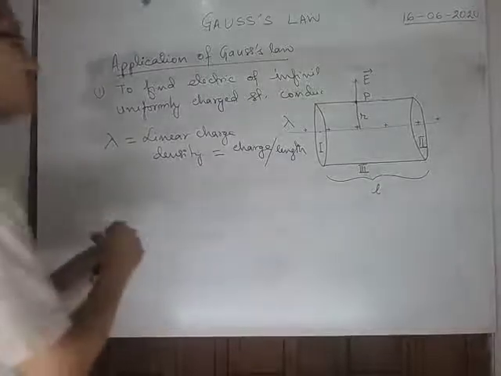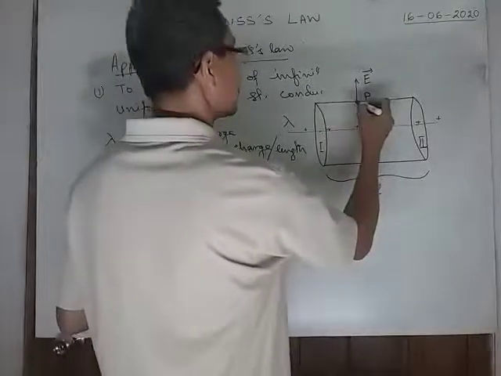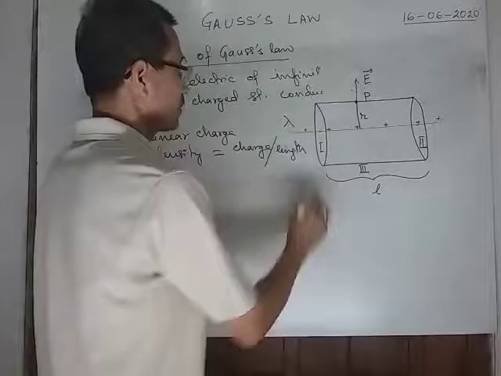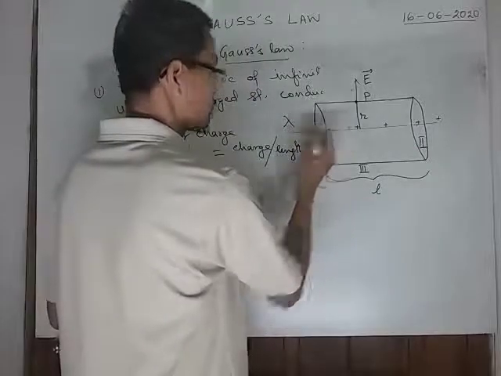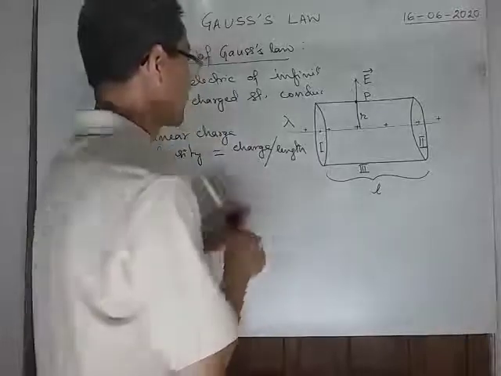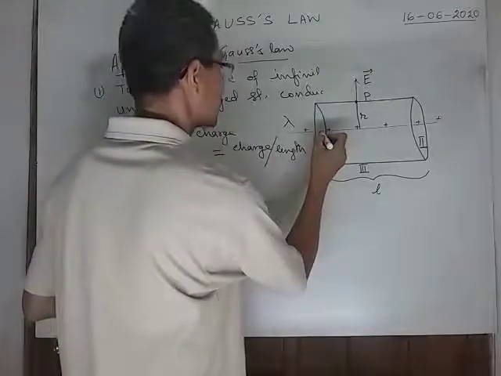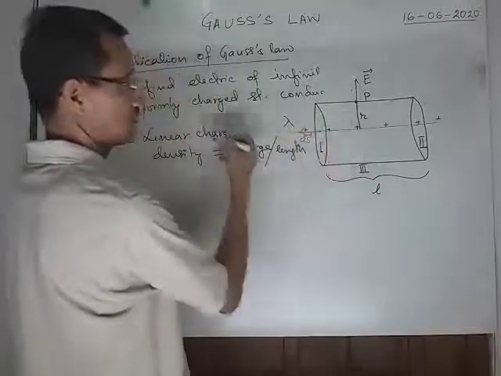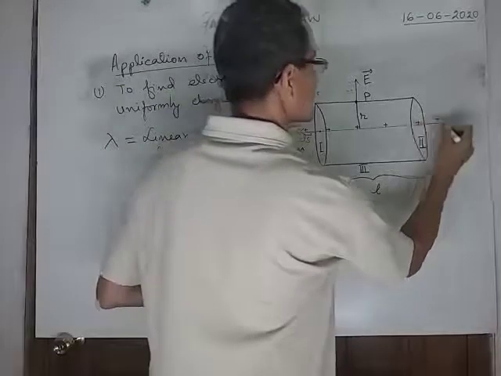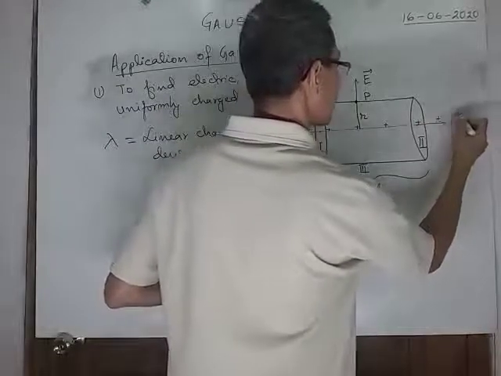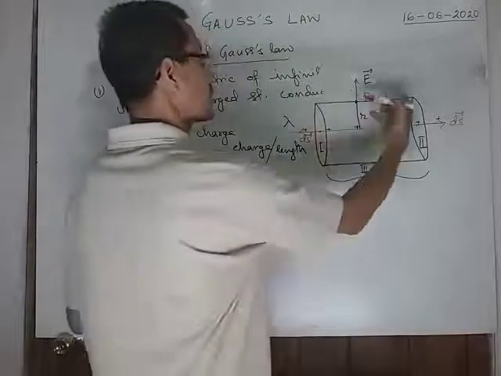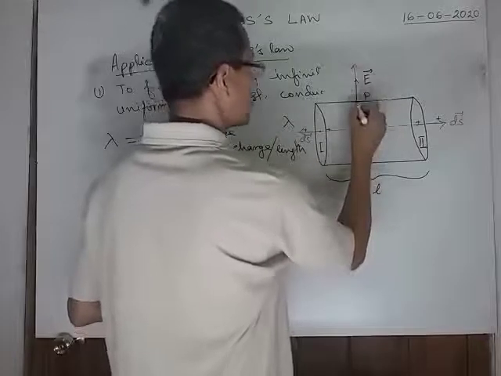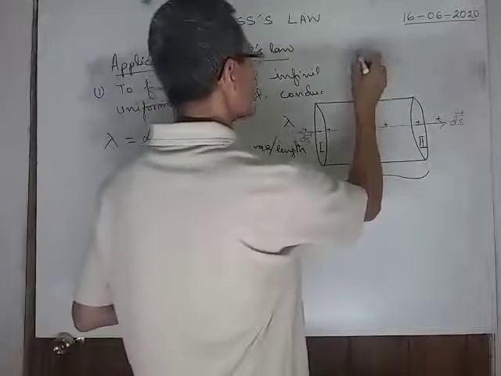Now the electric field E is radially outward. For surface 1 and surface 2, the surface area vector dS will be along the axis. For the curved surface, the electric field E is radially outward and the surface vector is also along this direction.